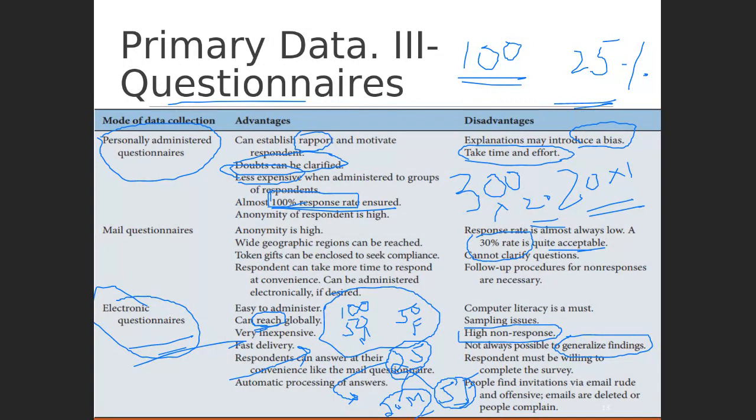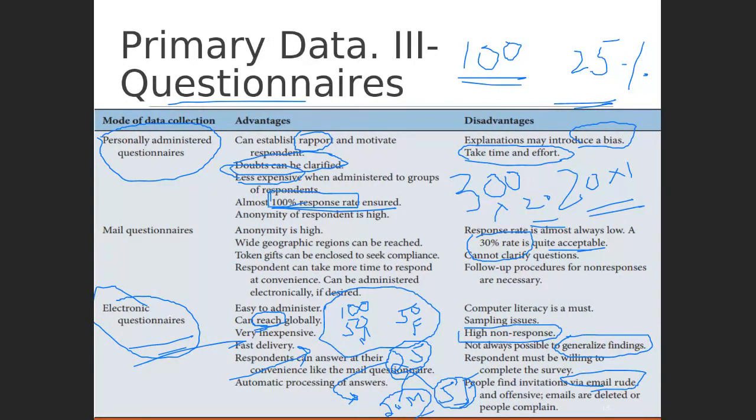A proper cover letter needs to be prepared explaining the motivations of the research and assuring respondents about their privacy, and then inviting them to take part in the survey through a link. You can do this in a professional way, and your electronic questionnaires will not be perceived as spam or as rude by your respondents.